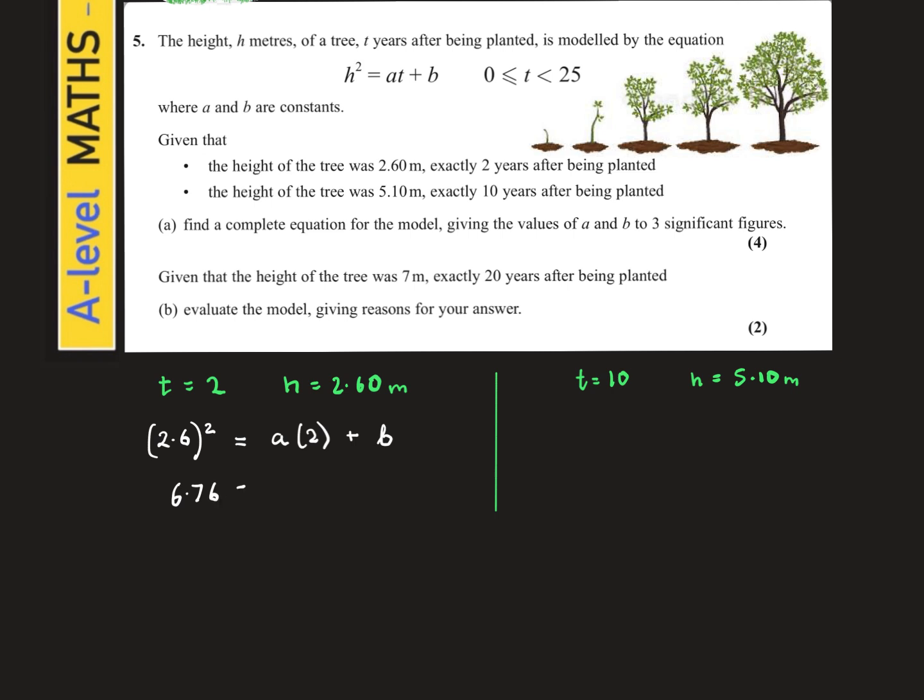6.76, which is equal to 2a plus b. We do the same thing for the second half, and we get 26.01, which is equal to 10a plus b. And so we have equation 1, and we also have equation 2.